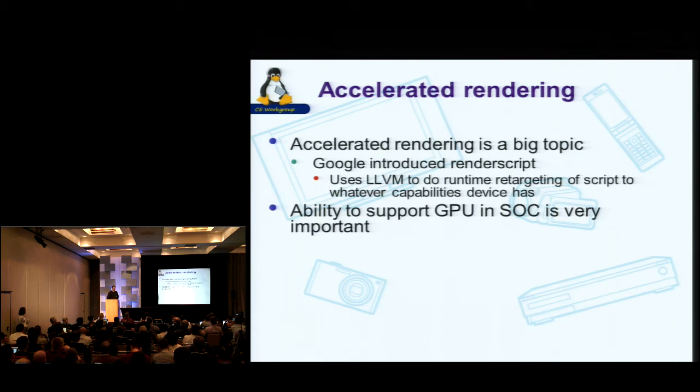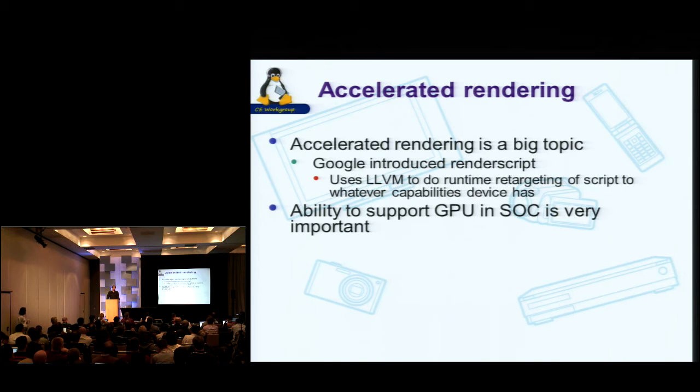Another thing that's kind of interesting is accelerated rendering. This is pretty important. The ability to use the GPU to its fullest is pretty key. Google introduced this thing called RenderScript, and they actually have an on-board LLVM.